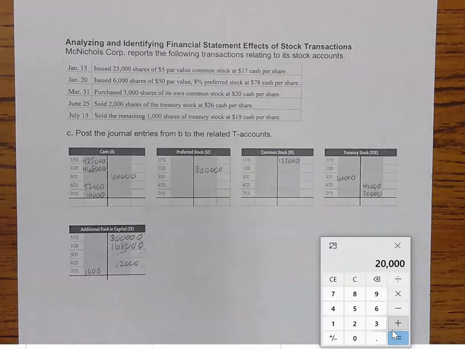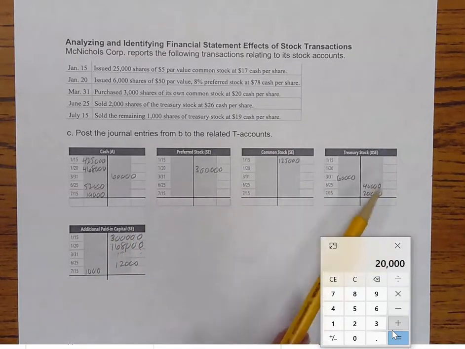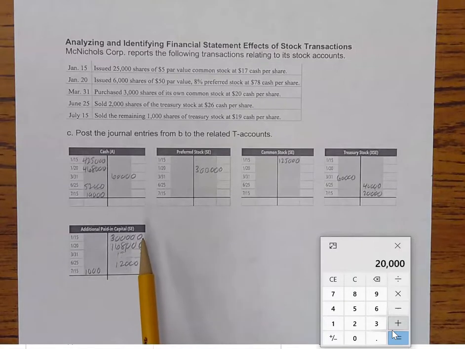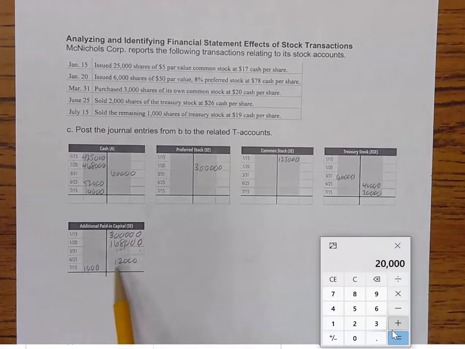Do be advised that we could have set up a separate additional paid in capital account for each one of these types of stock, to illustrate things a little bit more clearly. We didn't have that option, so we did it with common stock, preferred stock, and then two treasury stock transactions in the additional paid in capital.